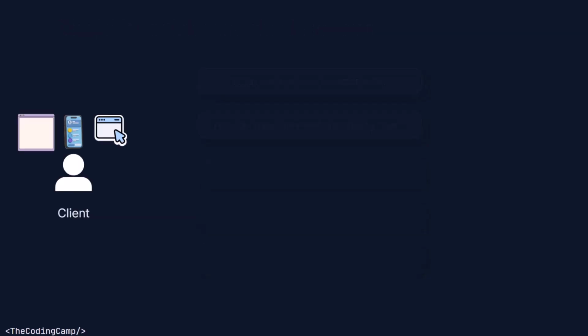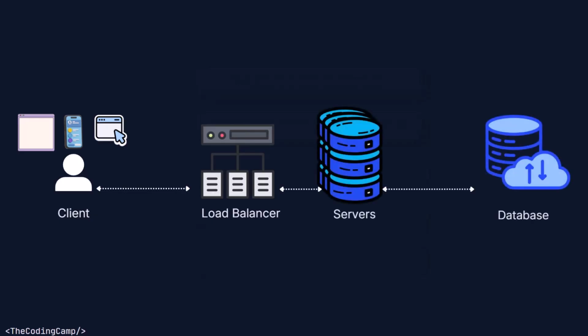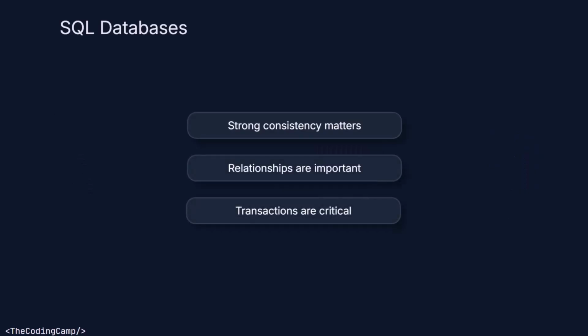The core components are the client, a load balancer, the application server, and the database. For the database choice, keep it simple. You don't need the perfect database immediately. Relational databases are reasonable when strong consistency matters, relationships are important, or transactions are critical.